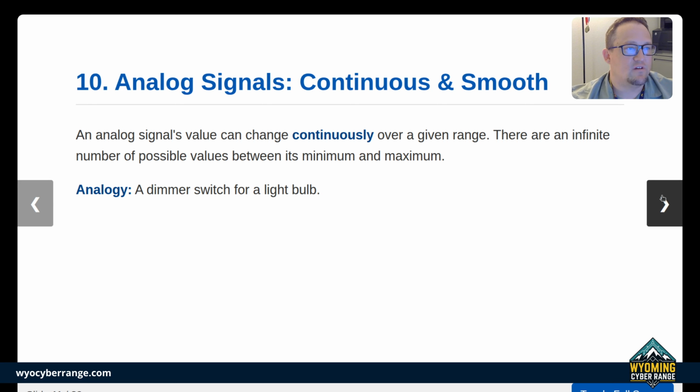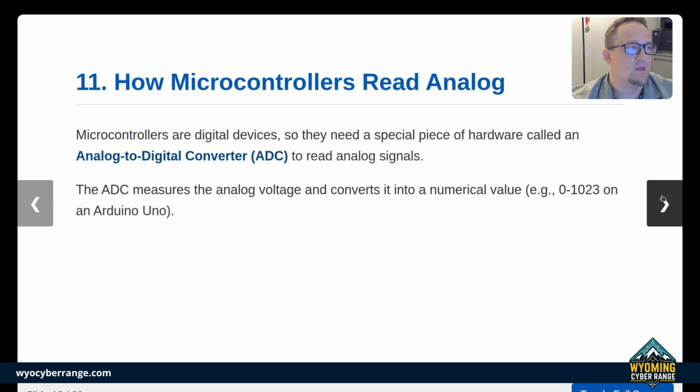So our analog signal can change continuously over time. It can be 0, it can be 0.1, it can be 0.2, to infinite numbers of possibilities between its minimum and its maximum. And as I like to say, that's my analogy, the dimmer switch of a light bulb. If you can dim it, we're talking about an analog signal.